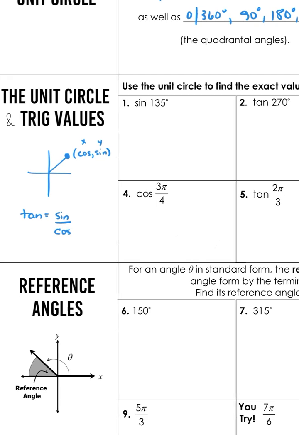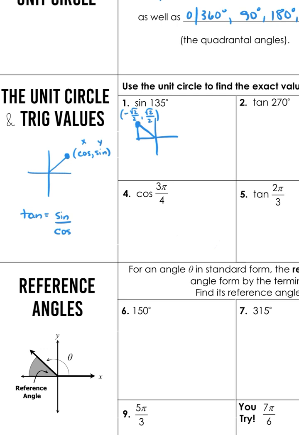So if I look at sine of 135, I know my 135 angle is past 90, so it's in this quadrant here. And if I look it up on the unit circle, the coordinates are negative square root of 2 over 2, and then square root of 2 over 2, which makes sense, right? I have to go negative in the x direction and then positive in the y direction.